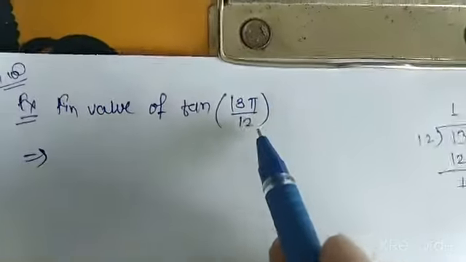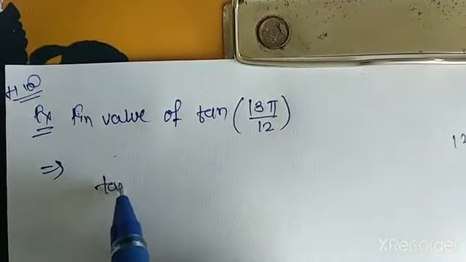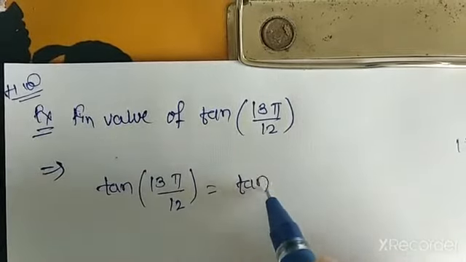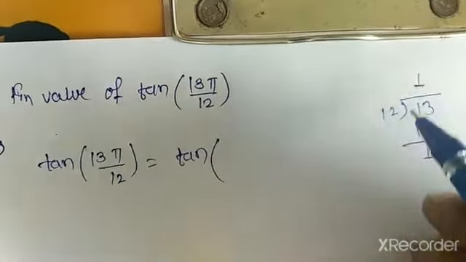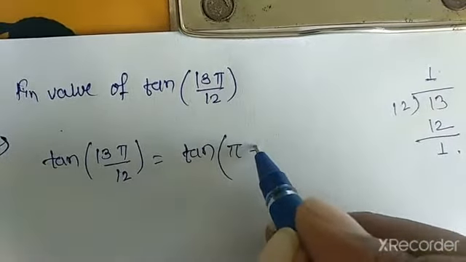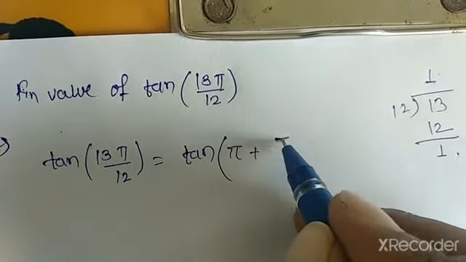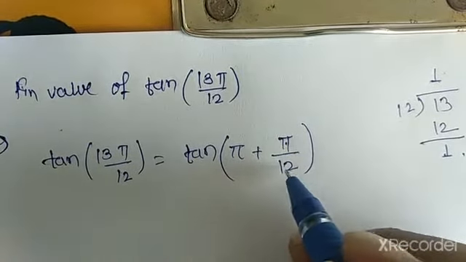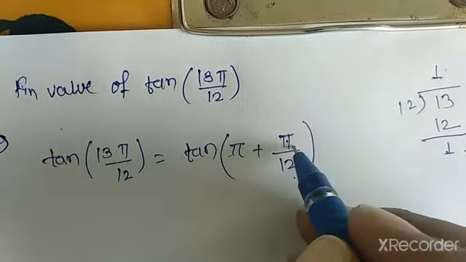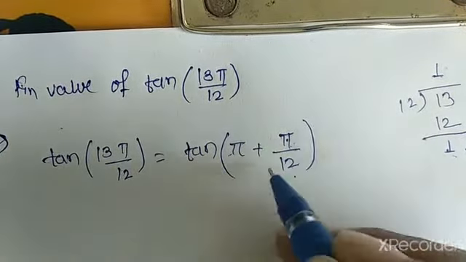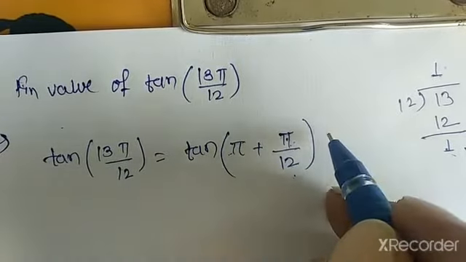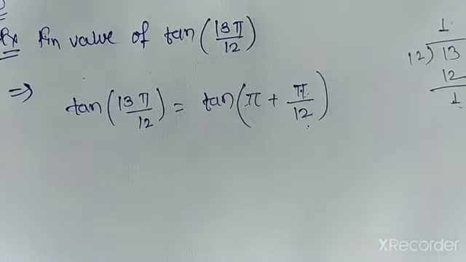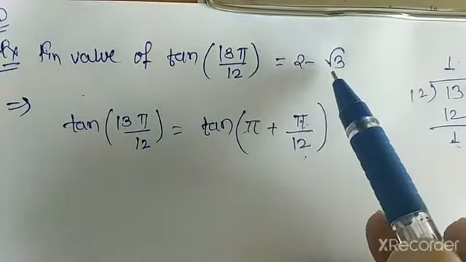So tan of 13 pi upon 12 can be written as tan of pi plus pi upon 12. After that you have to take the tan a plus b formula and solve it. The answer will be 2 minus root 3, which is the required answer.